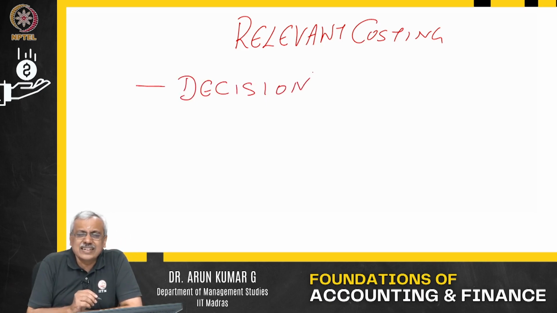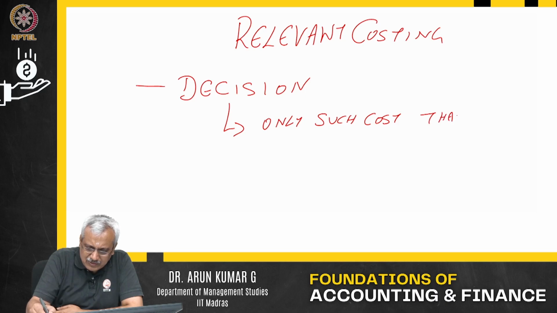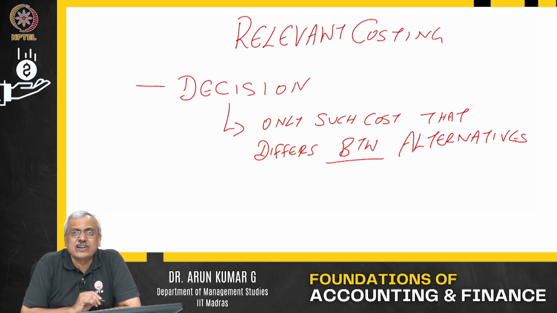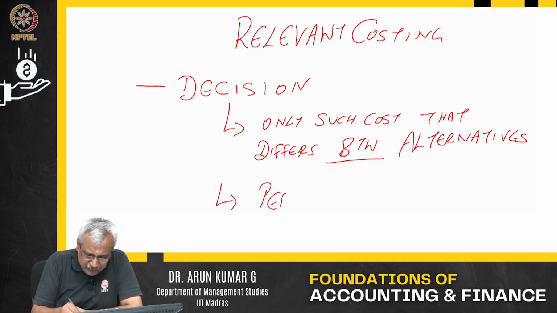When I am looking at a decision, I will have to consider only such cost that differs between alternatives. That differs between alternatives. Now, because I am making a decision, the second thing is that it has to pertain to the future.